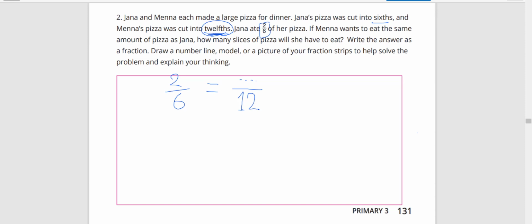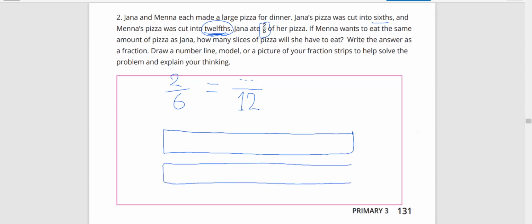Draw a number line, model or a picture of your fraction strips to help solve the problem. If we draw fraction strips, the first one is divided into 6 equal parts, and the second one is divided into 12 equal parts.